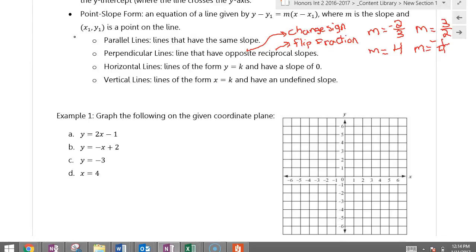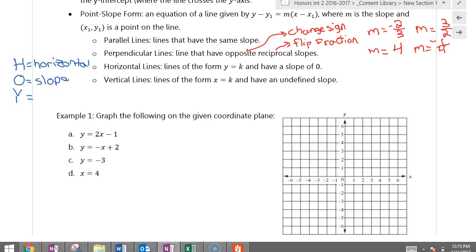For horizontal lines, it's hoy, like today in Spanish. So the H just means horizontal. The O is the 0, so your slope equals 0. And your equation is y equals. So if it's a y equals, it's hoy, horizontal, and a 0 slope.